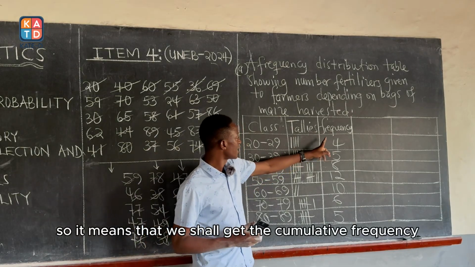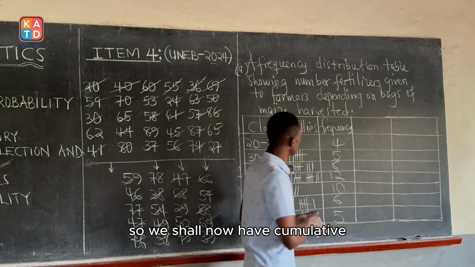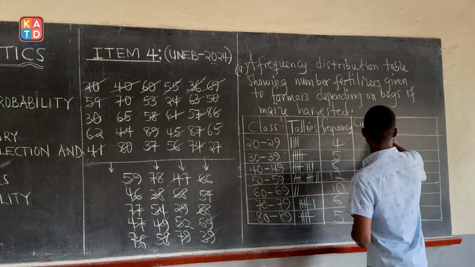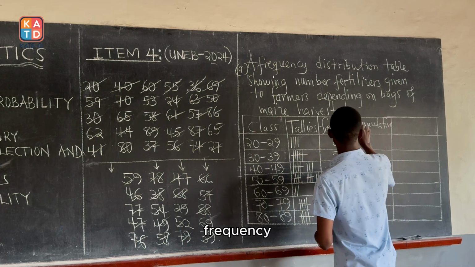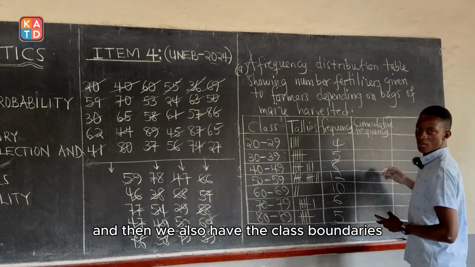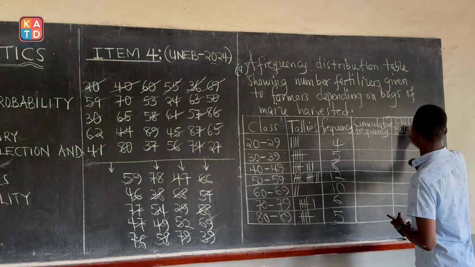So it means that we shall get the cumulative frequency. So we shall now have cumulative frequency, and then we also have the class boundaries.